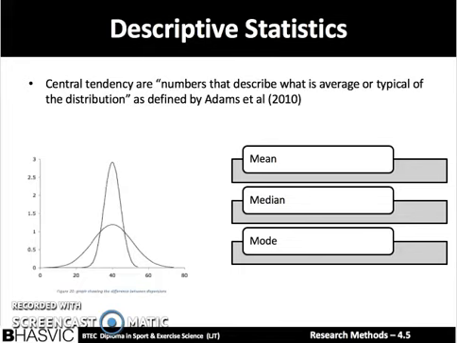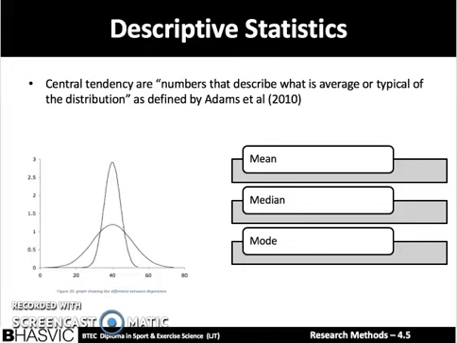Moving on to the median then. The median is the middle value. This is established after you order your data into rank order. If n is even, the median is between two values.